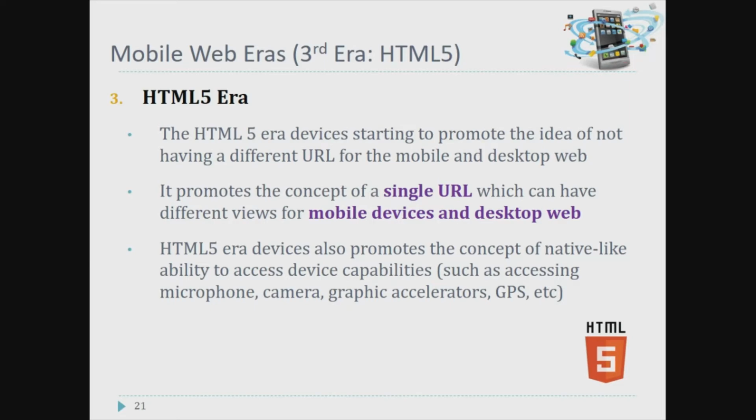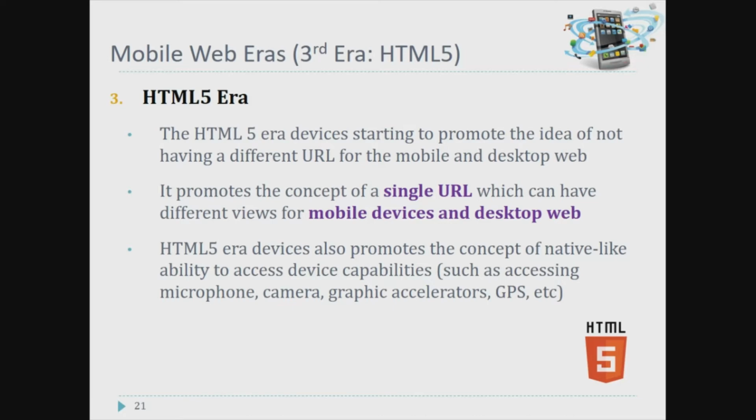In the HTML5 era, devices started to promote the idea of not having different URLs. Instead of having two different URLs, in this era we only have a single URL. So whether you are using a mobile web browser or a desktop web browser, you still use the same single URL.